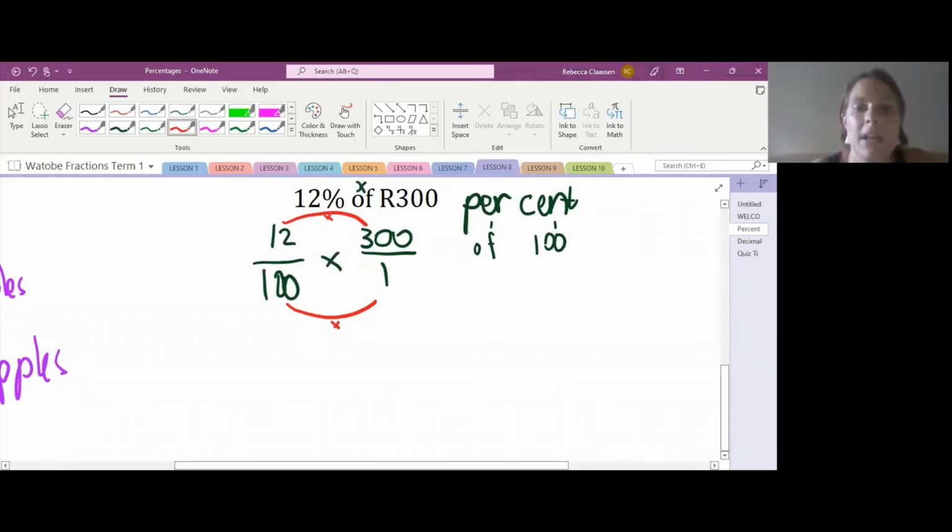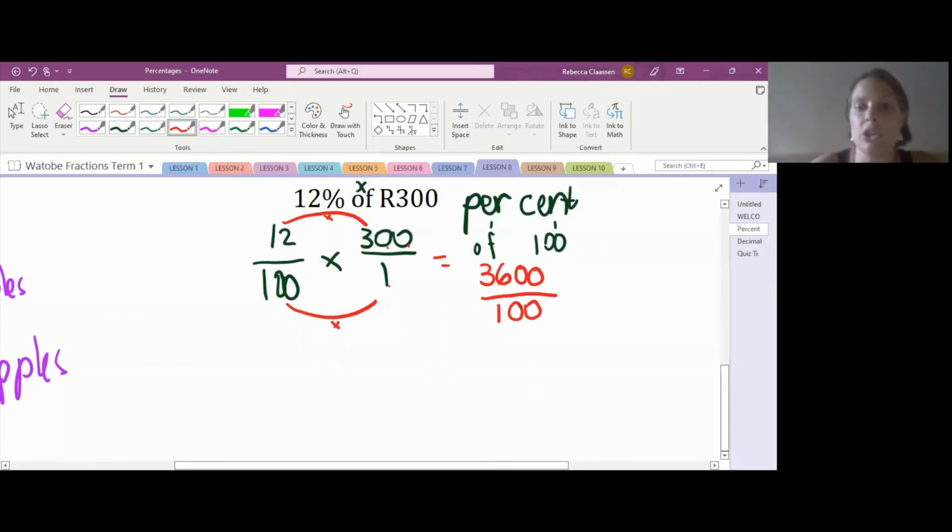Okay, I use my calculator or I use my head, I can say 12 times 3 is 36. And I've got 2 zeros in my sum. So I'm going to put 2 zeros over there. So I've got 3,600. And at the base, I've got 100 times 1. And 100 times 1 is 100.